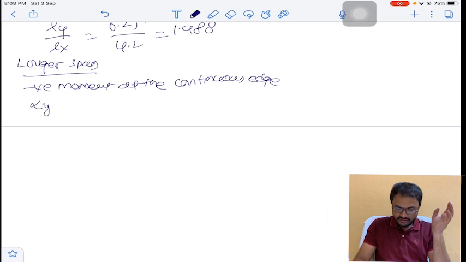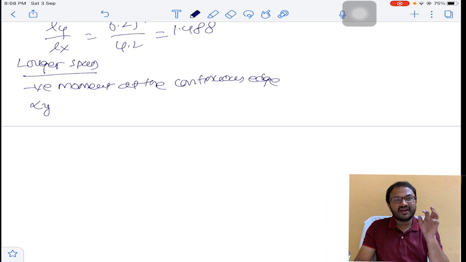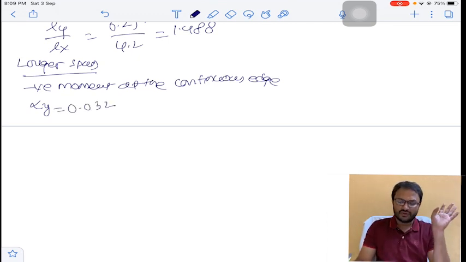Along longer span, whether we need to use alpha x or alpha y. Longer span, that is y direction, we need to use alpha y. So corresponding to 1.488 value of Ly by Lx, alpha y is 0.032. This value we can get from the code book.